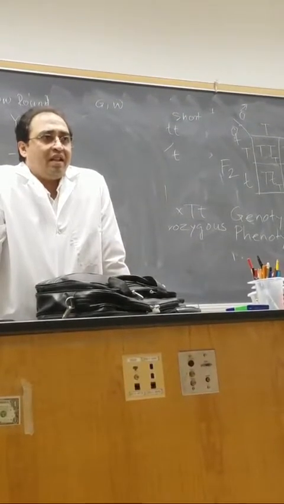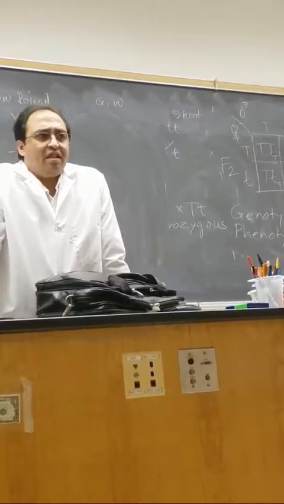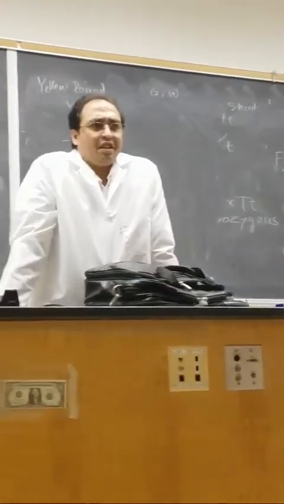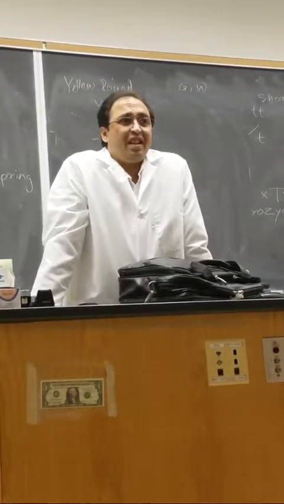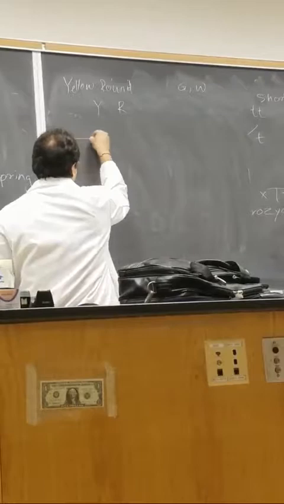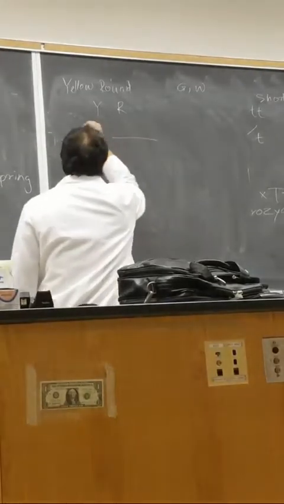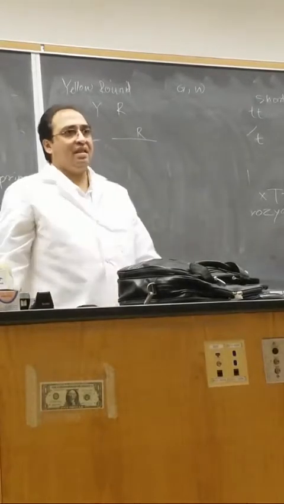And then the other one would be lowercase y and lowercase r. So we have a chromosome here which contains Y, and here a chromosome which contains R. Right?